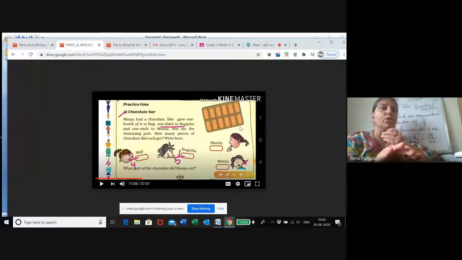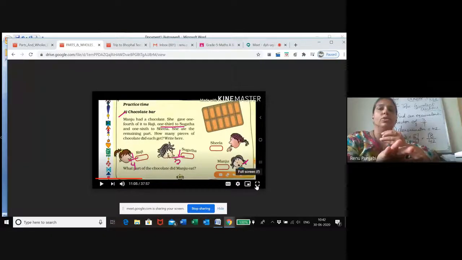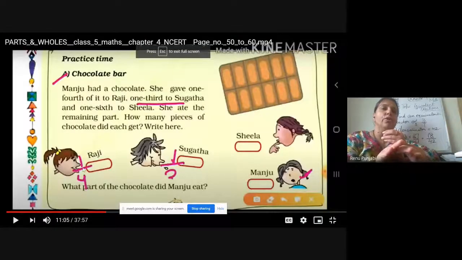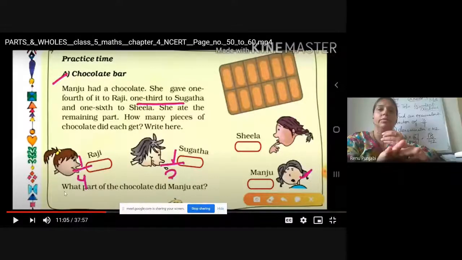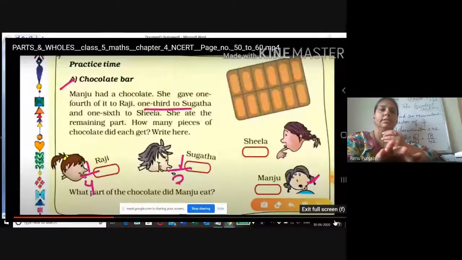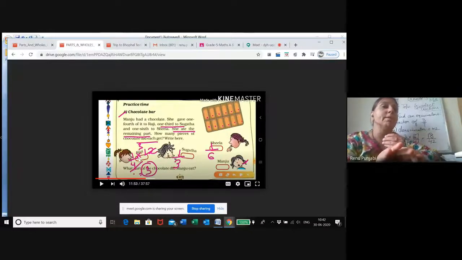So for 1/4 of 12, first you write 1/4. As I told you yesterday also, 1/4 of a number. Now 1/4 of 12: in place of 'of' we write the multiply sign.